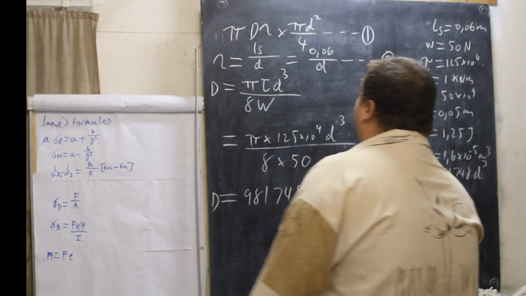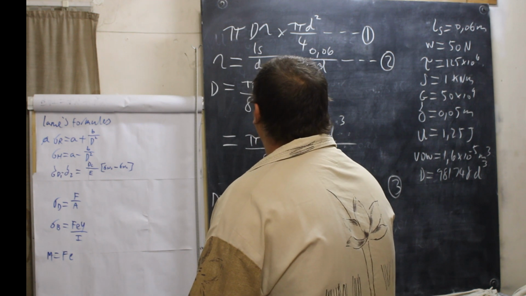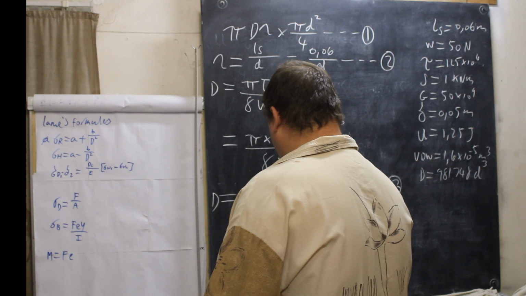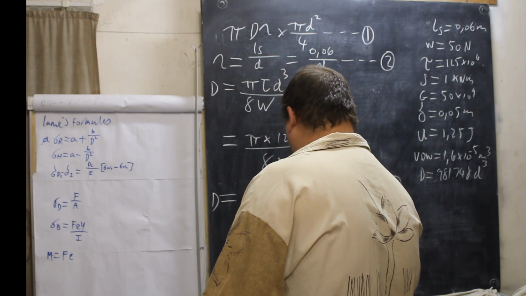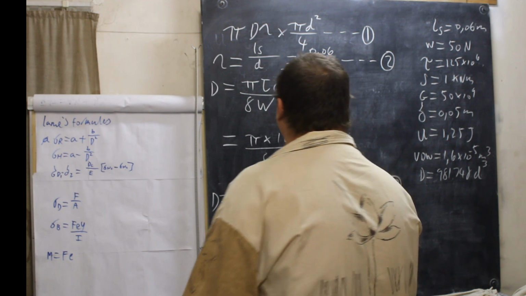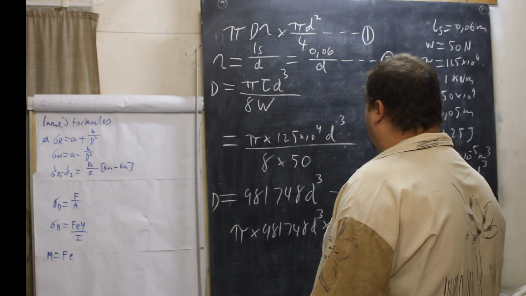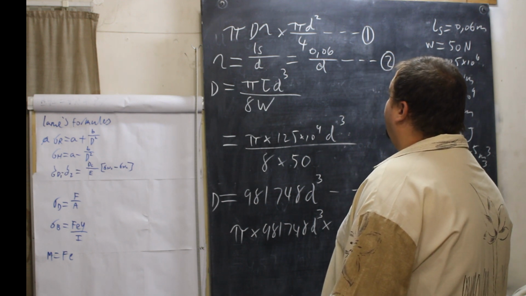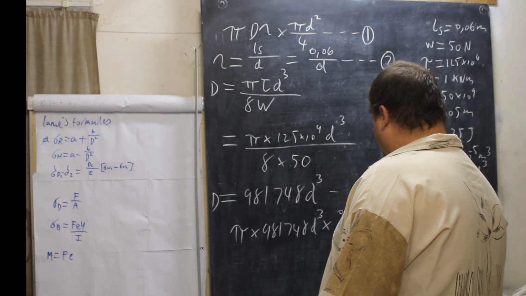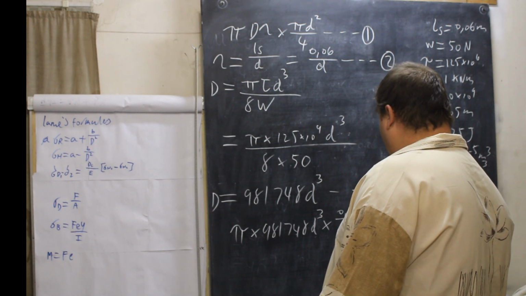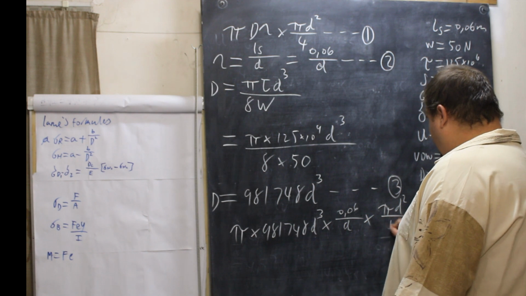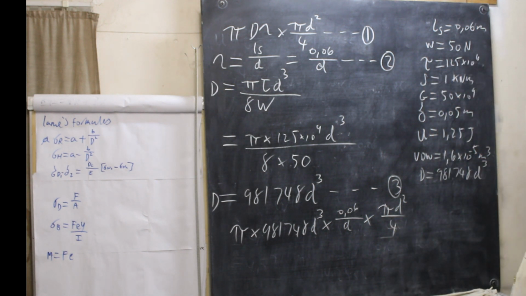So it'll all look like pi times 981,748 d cubed times 0,06 over d times pi d squared over 4. That's how our equation looks.